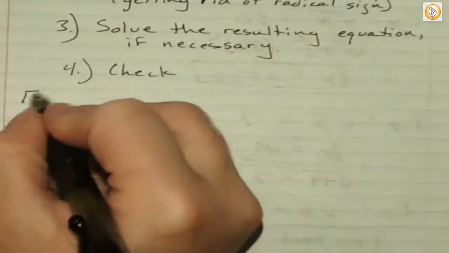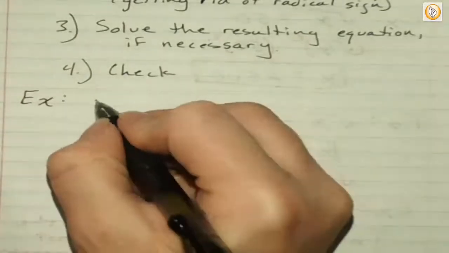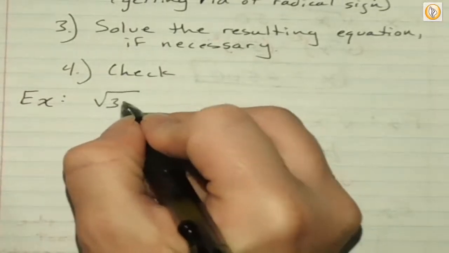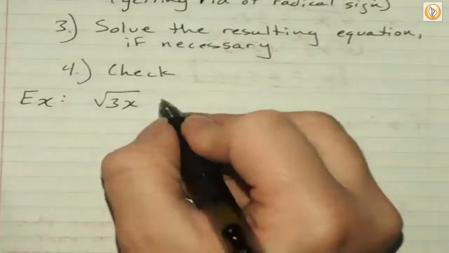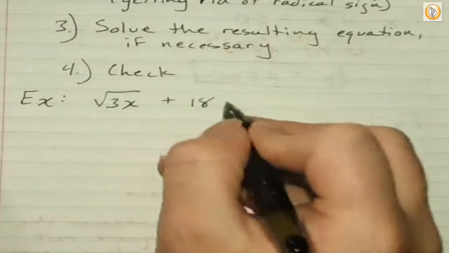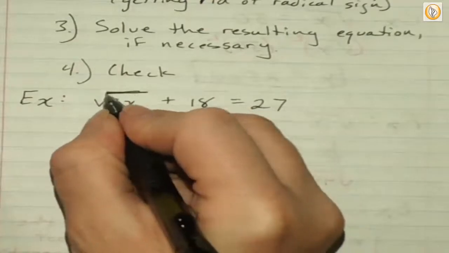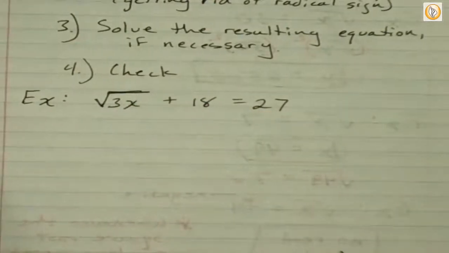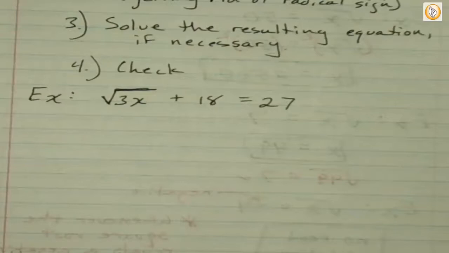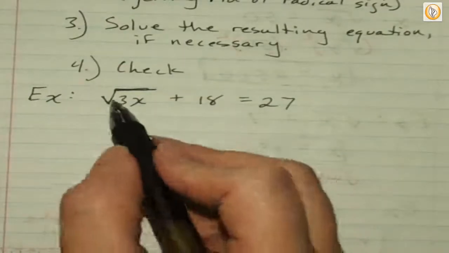Okay, ready? All right, example. Square root of 3x plus 18 equals 27. Notice that the 3 and the x are under the radical sign. A common mistake my students make is sloppy handwriting.